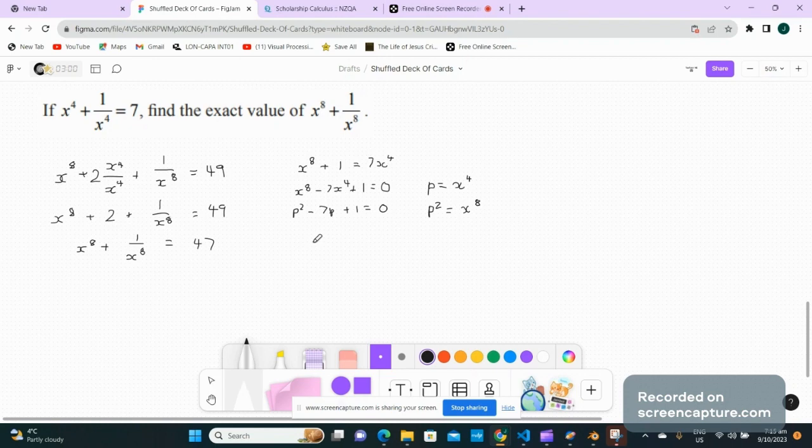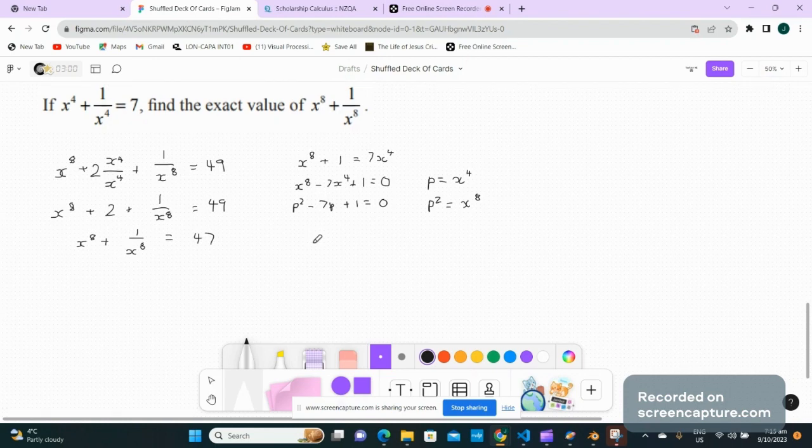Now it's just a matter of solving this. We could use the quadratic equation, or we could just chuck it in our calculator. If you chuck it into your calculator, you get the decimal 6.8541.